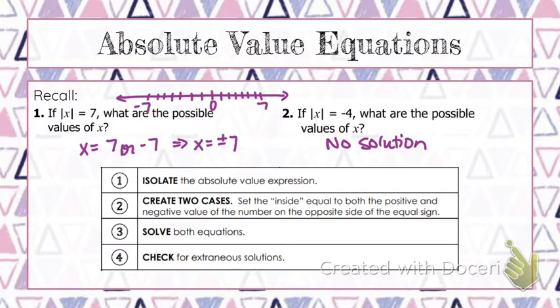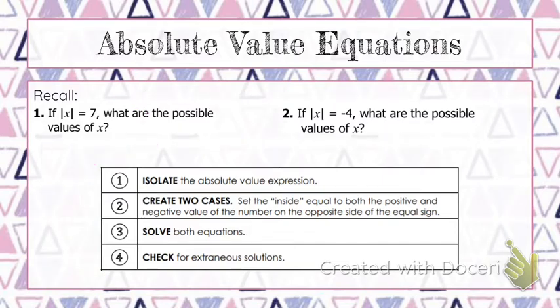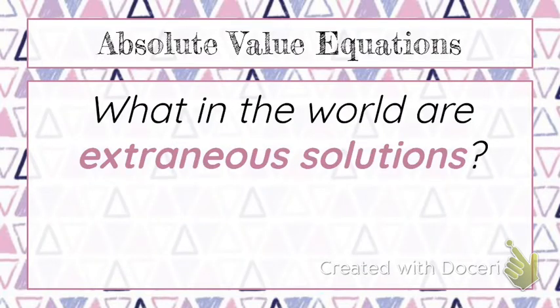And I've listed the steps here that we're going to use to solve absolute value equations, but instead of going into them here, I'm just going to go into an example and we'll look at that. Just kidding, I forgot about something. This last step, once we solve both equations, we then have to check for extraneous solutions. So what in the world is an extraneous solution?